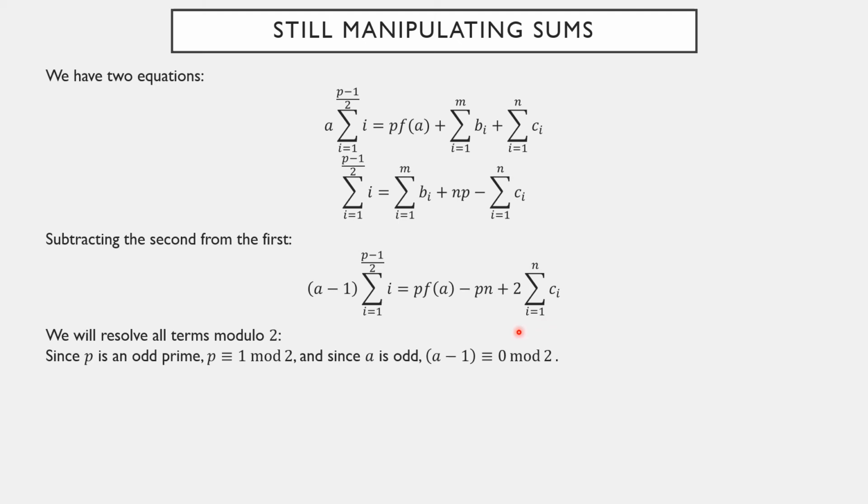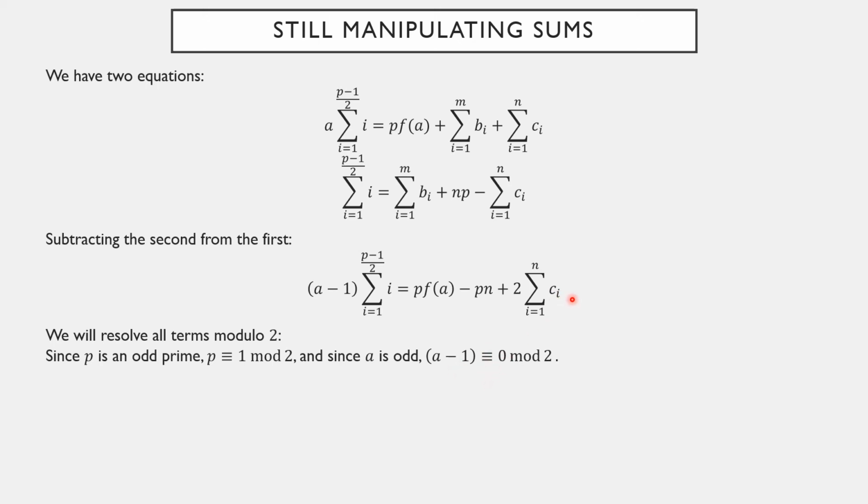Now let's look at this modulo 2. p was an odd prime, so modulo 2, it's equivalent to 1. a was assumed to be odd, which means a minus 1 is even and therefore equivalent to 0 mod 2, and certainly 2 is equivalent to 0 mod 2. Here is where the assumption that a is odd comes in. a being odd allows me to assume that a minus 1 is equivalent to 0 mod 2.